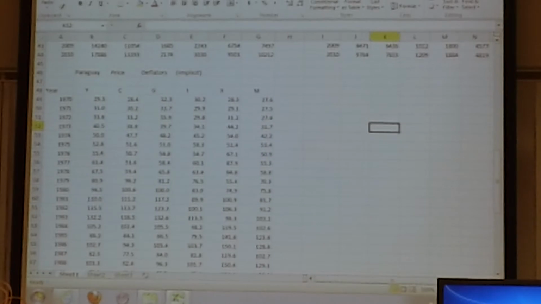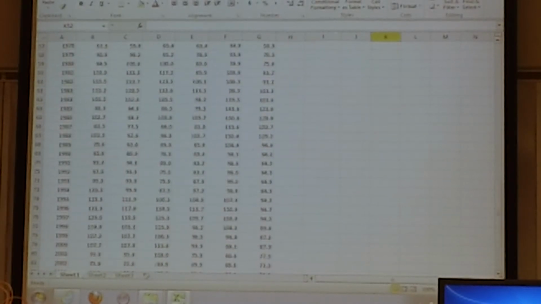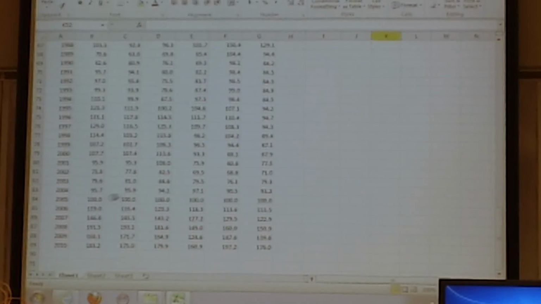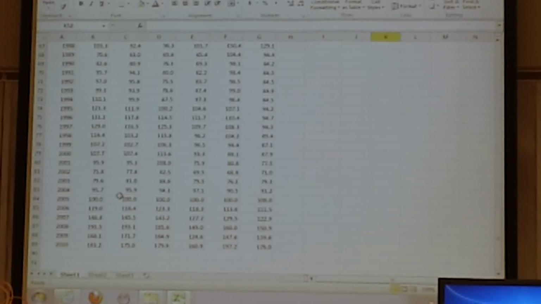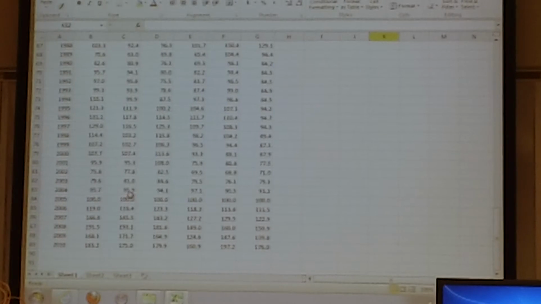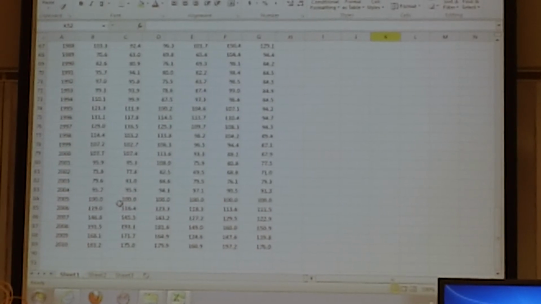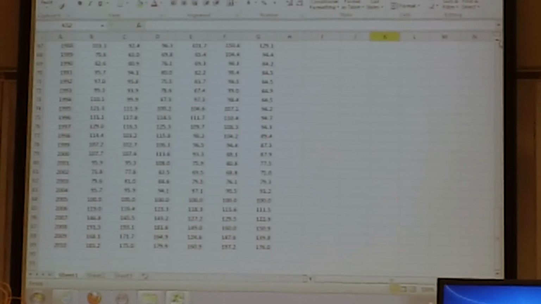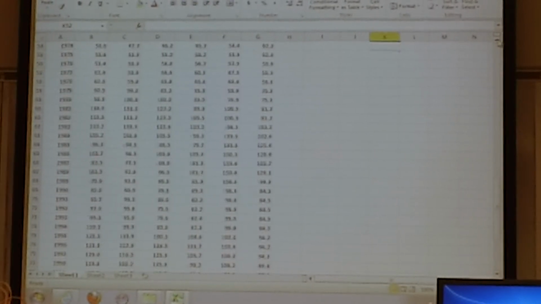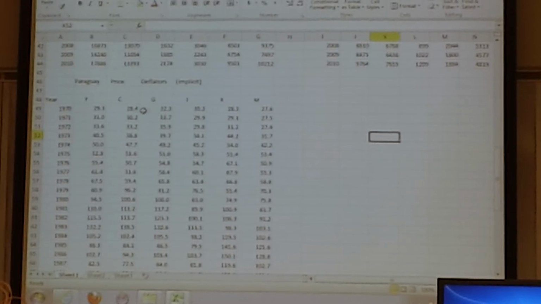It means that if you took a basket of household consumption goods, milk, eggs, stuff like that, rent, and paid $100 for it in 2005, it would have cost you $175 in 2010. This is Paraguay, they must have had a big inflation. That same basket of goods, way back in 1970, would have only cost you $28.40.